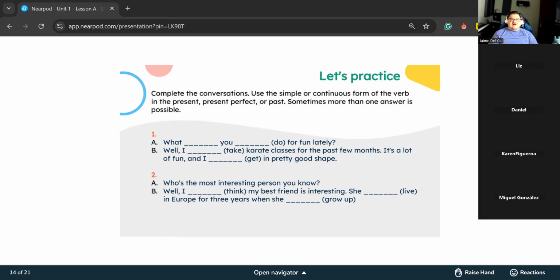So I want to give you a little hint, una pista, a little hint. There are certain expressions that are probably going to make it clear for you. When you say things like lately, currently, right now, at this moment, these are time expressions that talk about things that are happening now, either temporarily or not, but they are happening in the moment. They are in progress.